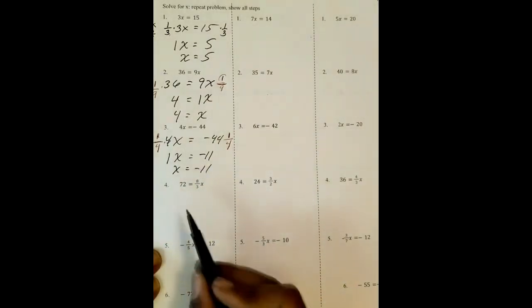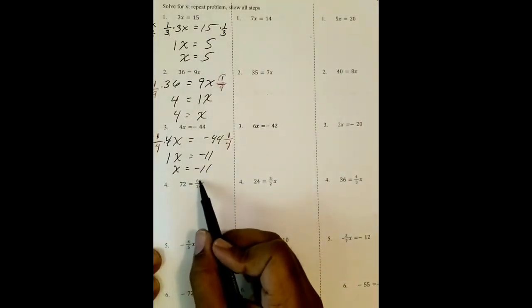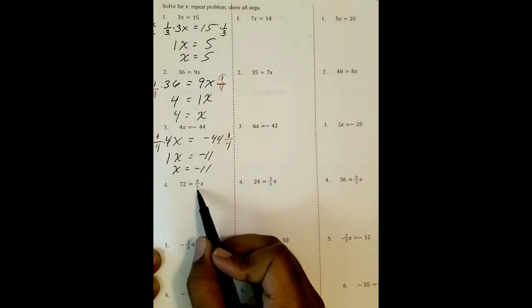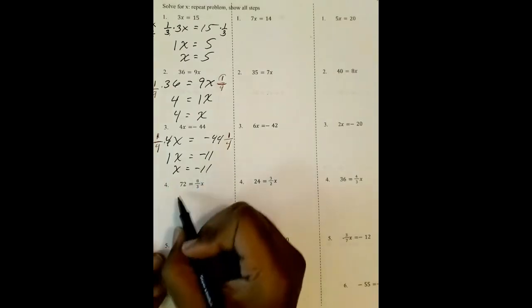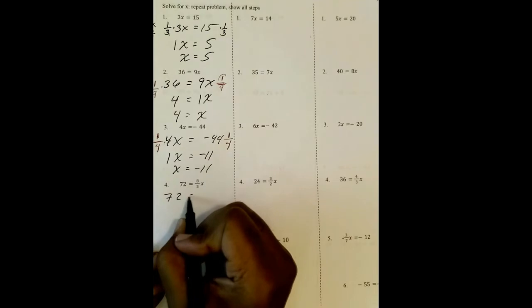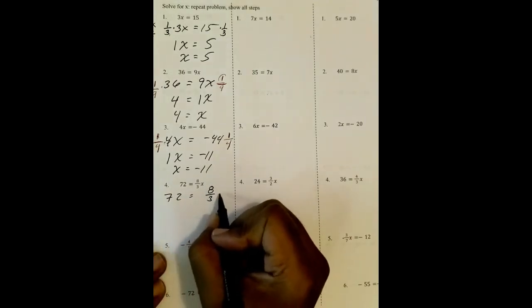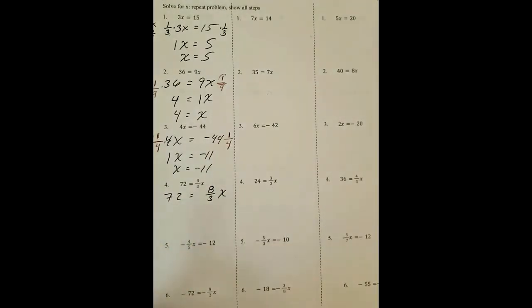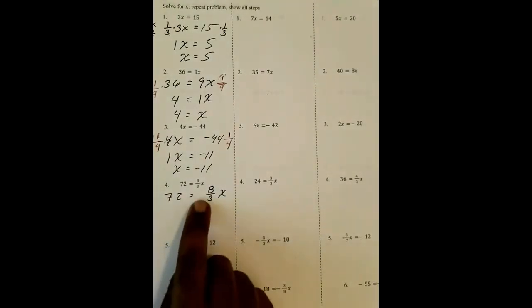All right, next. Next to the x, we have a multiplying 8, and here in the denominator is a dividing 3. So to get rid of a multiplying 8, let's write this down here, 72 equals 8 over 3 times x. And note I put a little space right here.